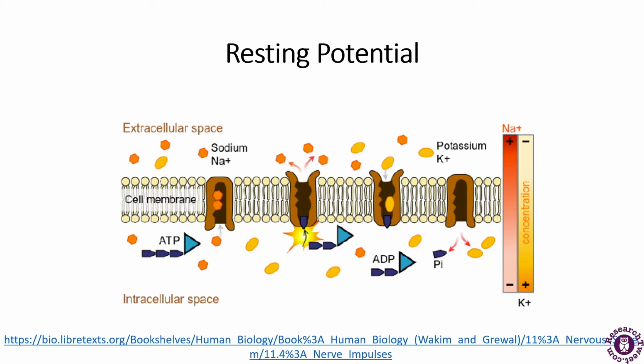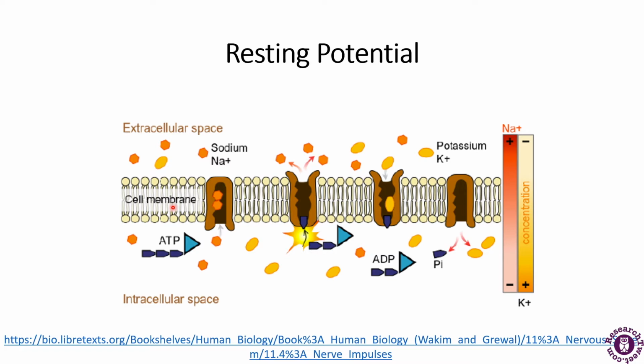As you can see here, there is more negative charge inside than outside the cell membrane. ATP is being used to pump sodium out and potassium into the cell.